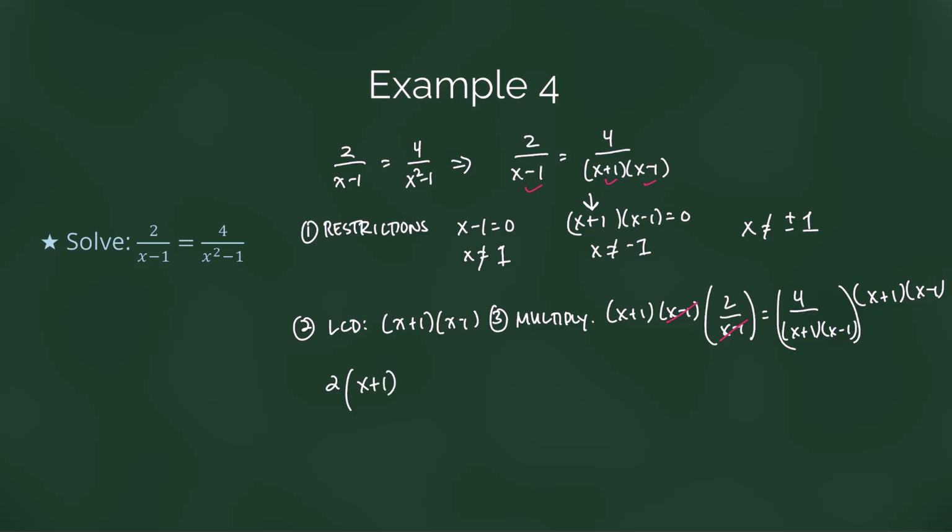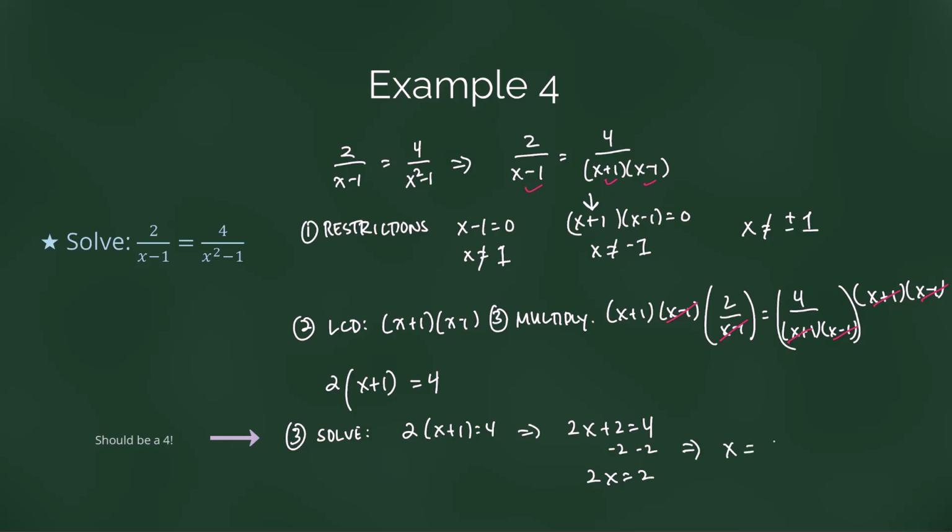And on the right, both terms cancel with their corresponding factors, and we get 4. Now we solve. We get 2 times x plus 1 equals 4, which means that 2x plus 2 equals 4. Subtracting 2 from both sides, we get that 2x is equal to 2, which gives us that x is equal to 1.